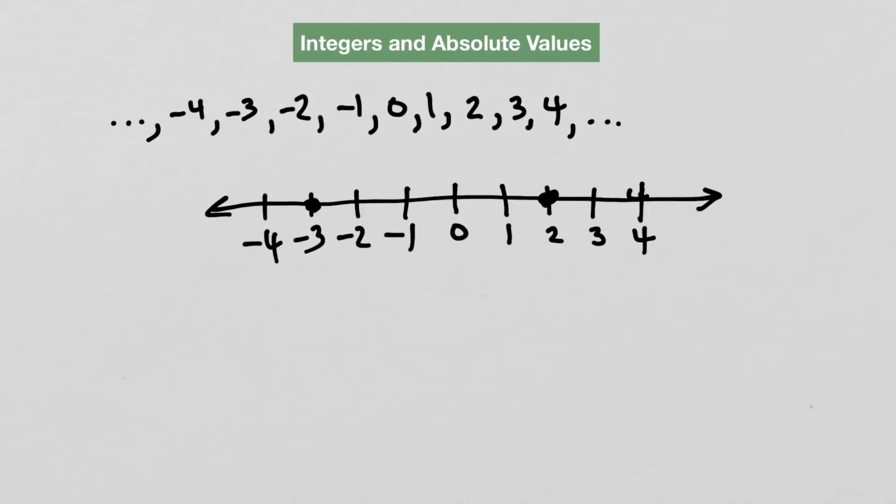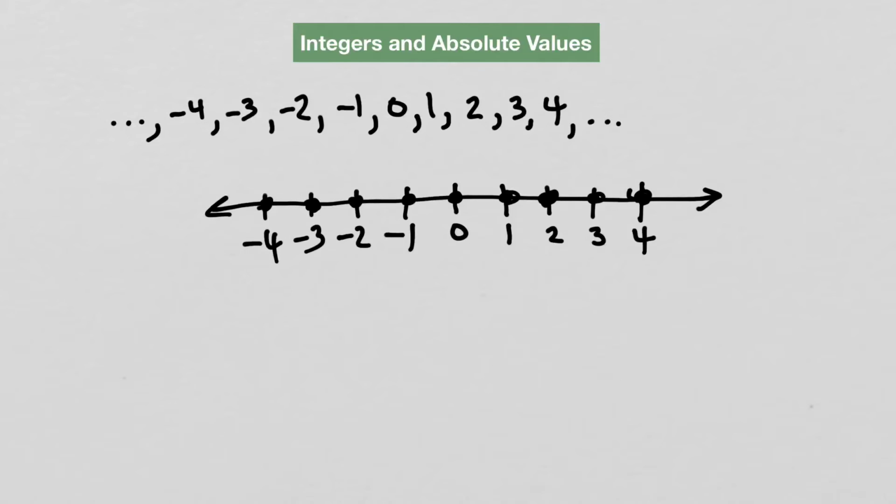If I asked you to represent all of the numbers from -4 to 4, then I would add a dot on -4, -3, -2, -1, 0, 1, 2, 3, and 4.